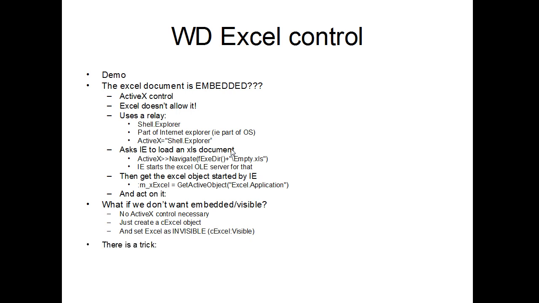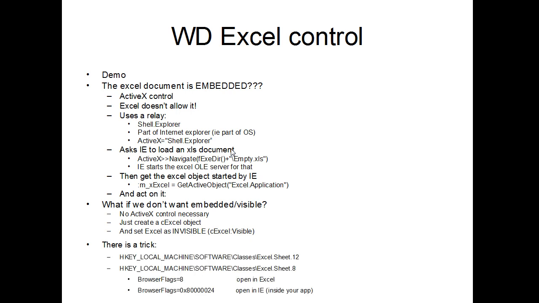So the trick, in order to have your Excel spreadsheet or Word document or anything like that visible inside your own application, is that you need to modify settings inside the registry. And the settings for Excel in Office 2010, and be careful that these settings are going to be different for the different versions of Excel and for different versions of Word and so on and so forth.